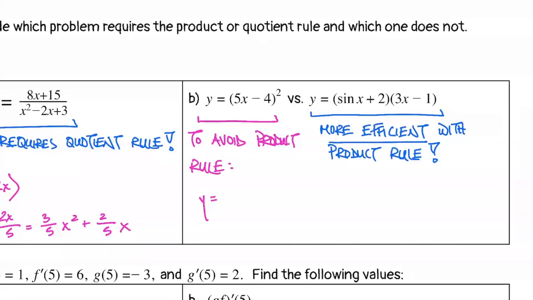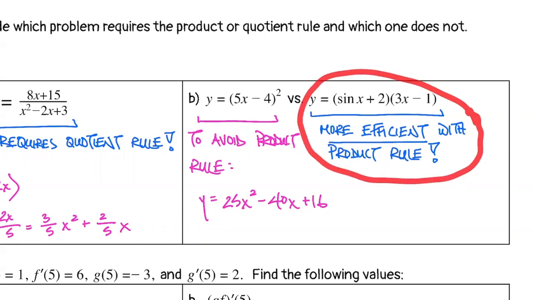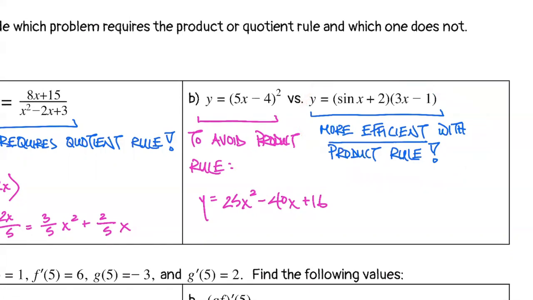Yeah, exactly. We could just multiply it out and we would get 25x squared minus 40x plus 16. Exactly. And then we could just use the power rule. Okay. So here we can simplify first. I think in this case that might be more efficient. Whereas in the one with the blue, I think it is more efficient to use product rule.